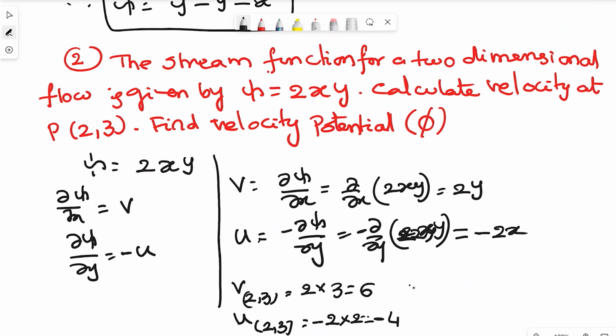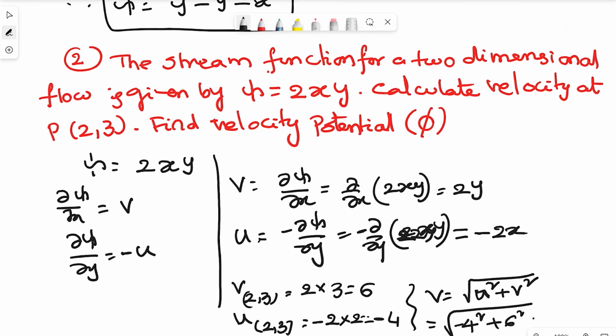V is equal to square root of u square plus v square, which is equal to square root of (minus 4) square plus 6 square. Finally, the answer is 7.21 units. So that is the first solution.